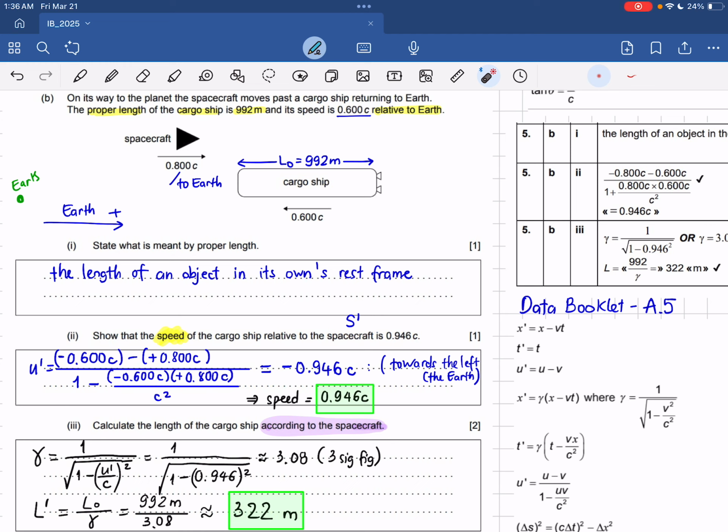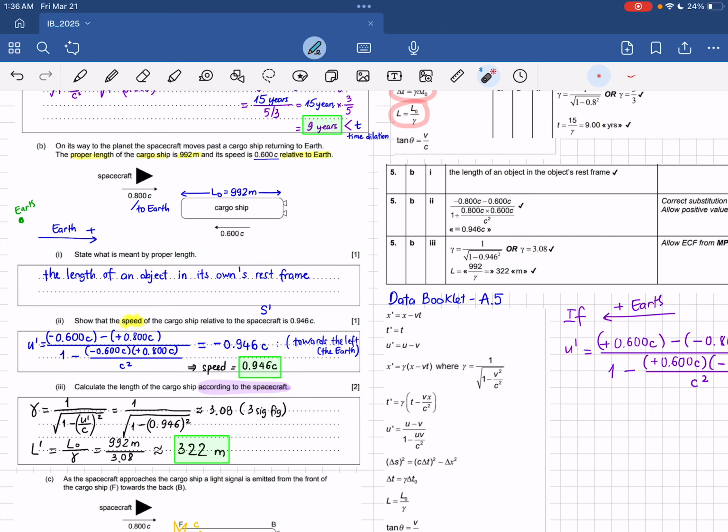Or if you want to see the proper length of the spacecraft, you have to stay on the spacecraft to measure it. Or if you want the radius of the Earth, you have to stay on the Earth to measure that length. So basically, it will be the length of an object in its own rest frame. Okay, keep that in mind.